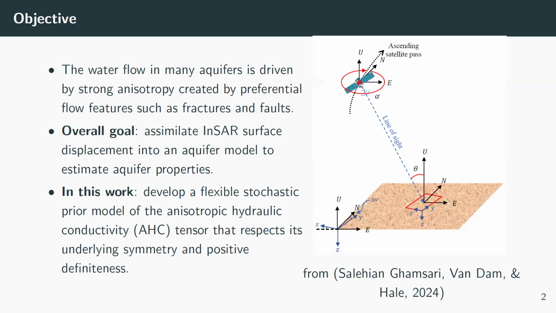On the right hand, you can see the geometry of the SAR satellite. This satellite sends down a radar wave to the Earth and then receives back the surface reflection.